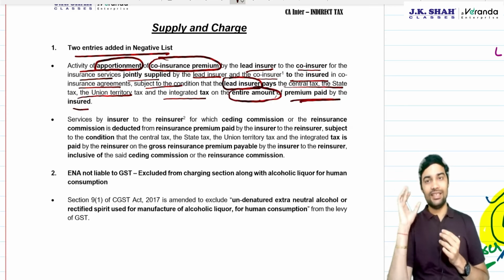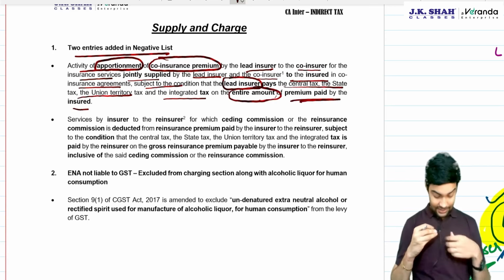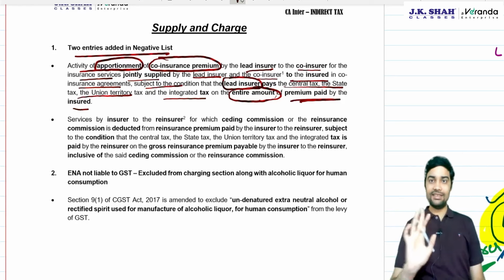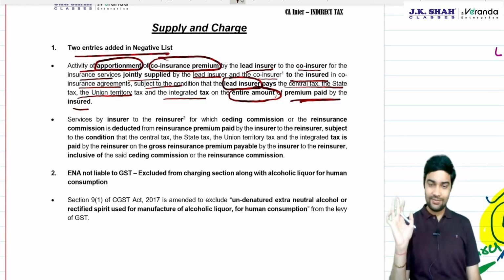If GST is being paid on the entire premium, then in that case no problem.